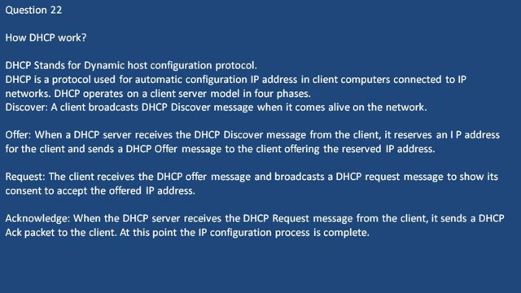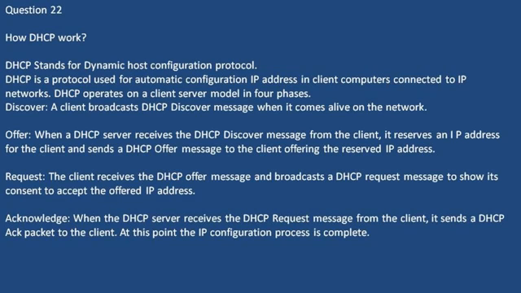Discover: a client broadcasts a DHCP discover message when it comes alive on the network. Offer: when a DHCP server receives the DHCP discover message from the client, it reserves an IP address for the client and sends a DHCP offer message to the client offering the reserved IP address.